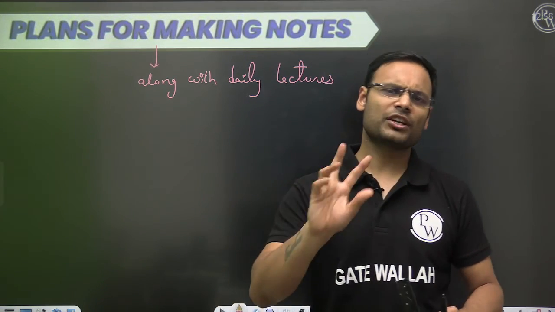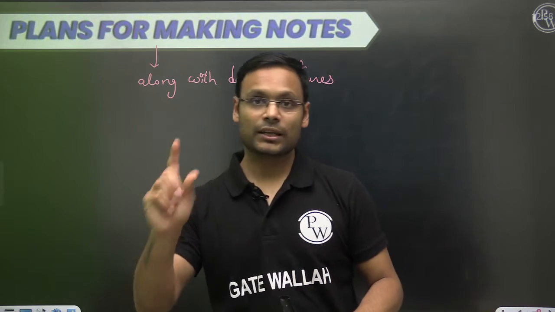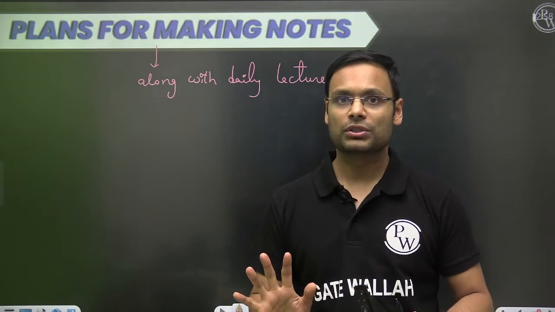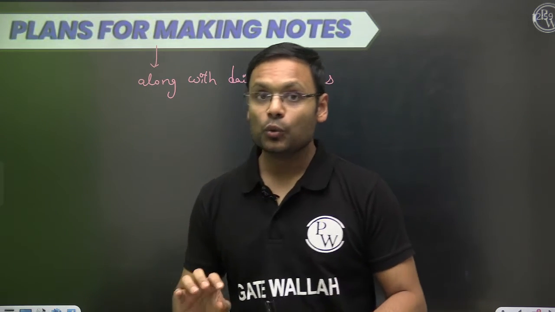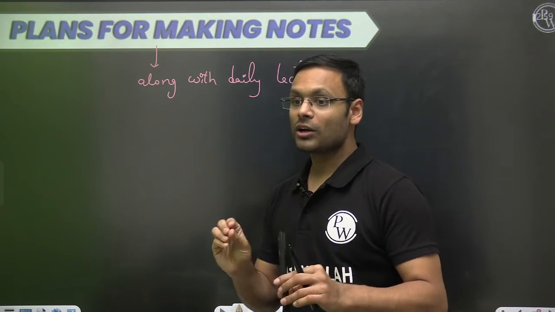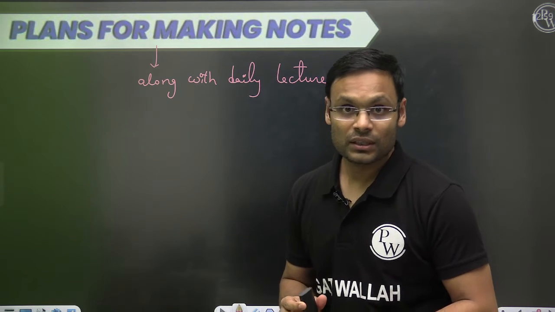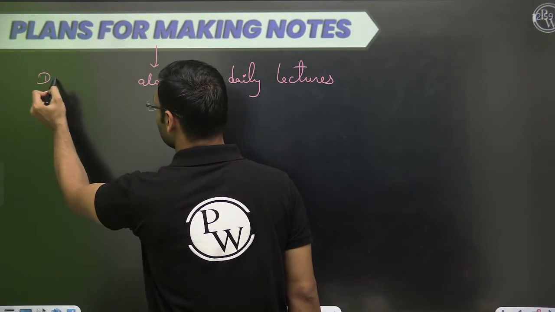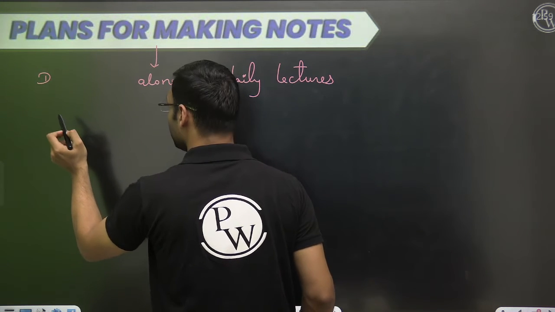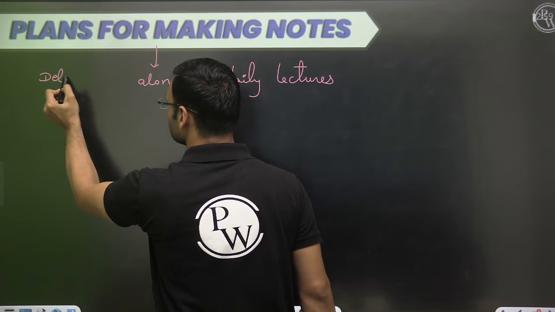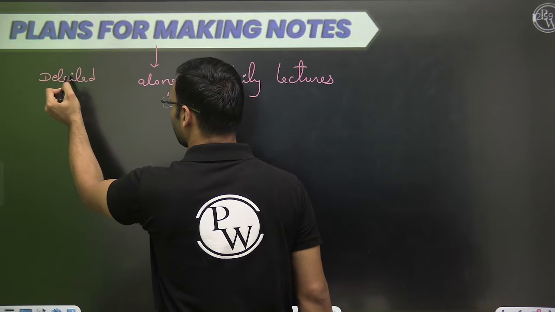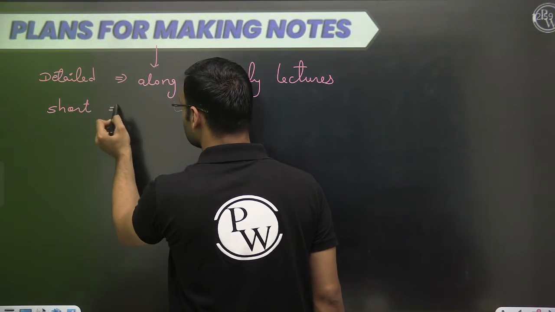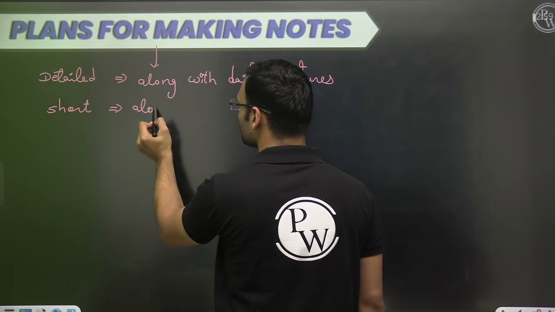Just because in a live lecture, if you make the notes, you may skip a few things which the teacher is saying. Because you will be concentrating on your notes, you may not listen to something and not understand some concept. You may miss a lot of things. Okay, along with daily lectures you will have your detailed notes, and you will have short notes also separately. Those short notes you will prepare along with your first revision.